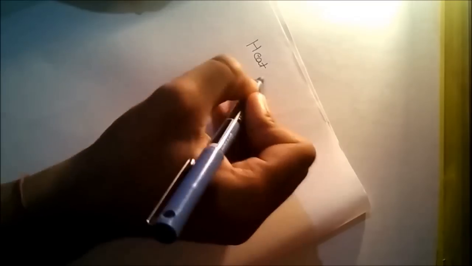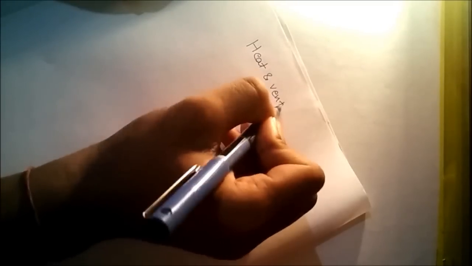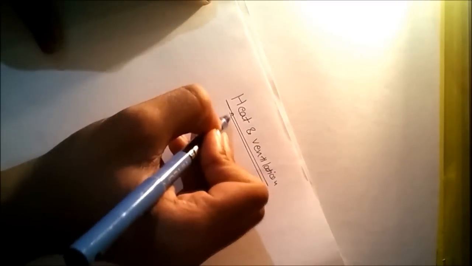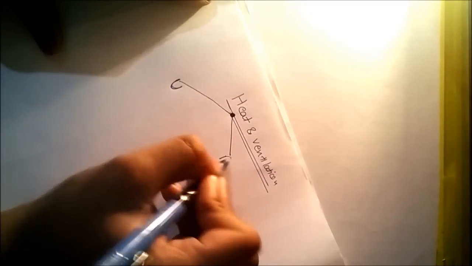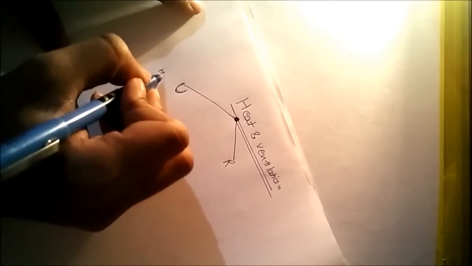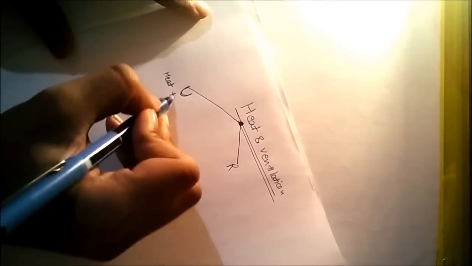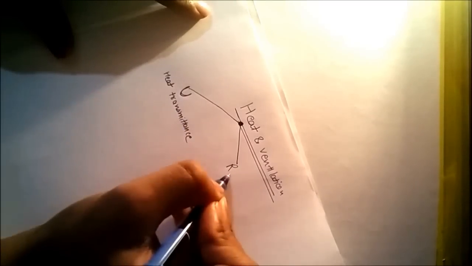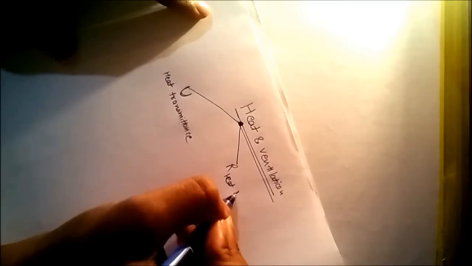Now we will talk about the numericals of heat and ventilation. In heat, if we talk about heating, there are two factors, U and R. U is the heat transmittance and R is heat resistance.